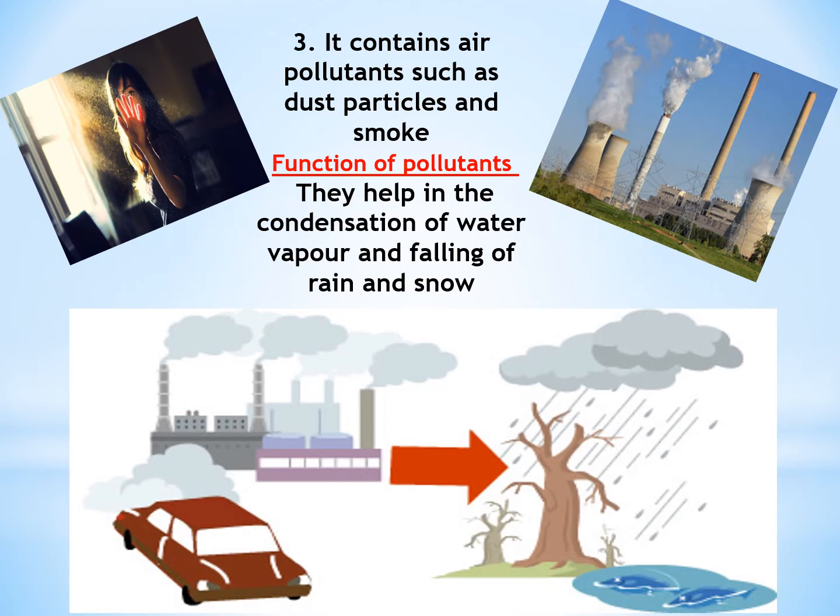Here we have the same idea. The atmosphere contains water vapor. When this water vapor in the air around us touches the air pollutants, the air pollutants work as a cold surface, so it starts to be condensed and form rain and snow.